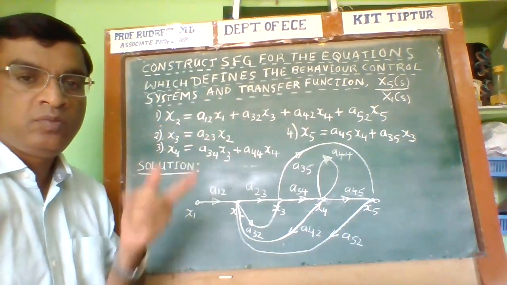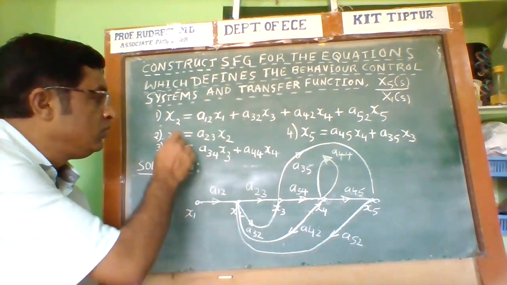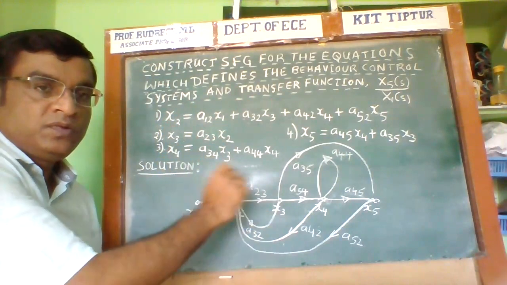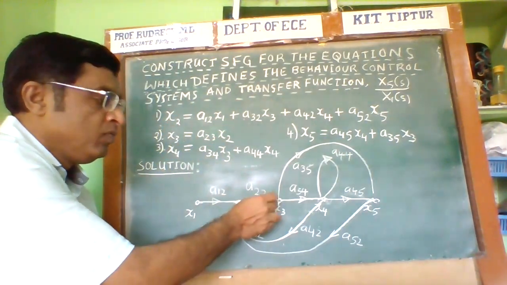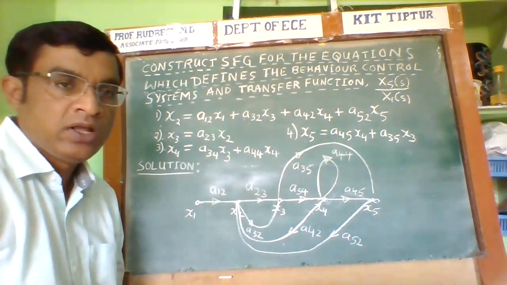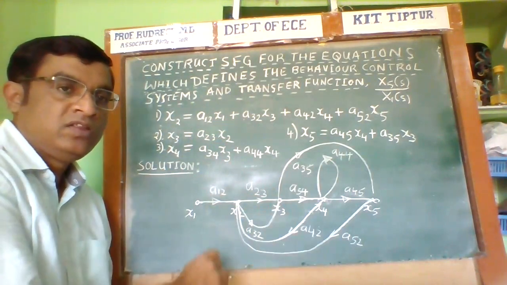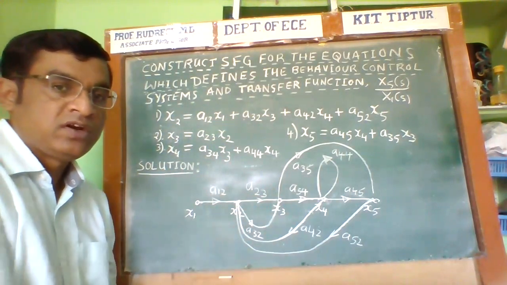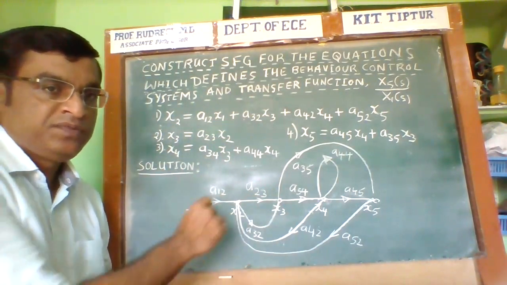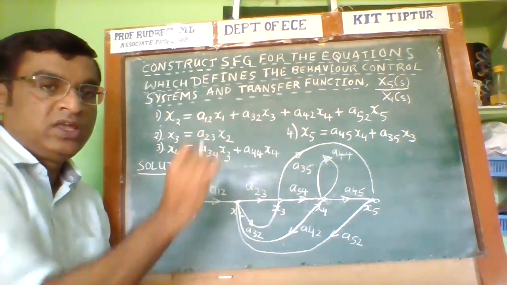Based on this principle, consider each node and write the signals coming to this particular node. This is how we construct the signal flow graph for the given algebraic equations.